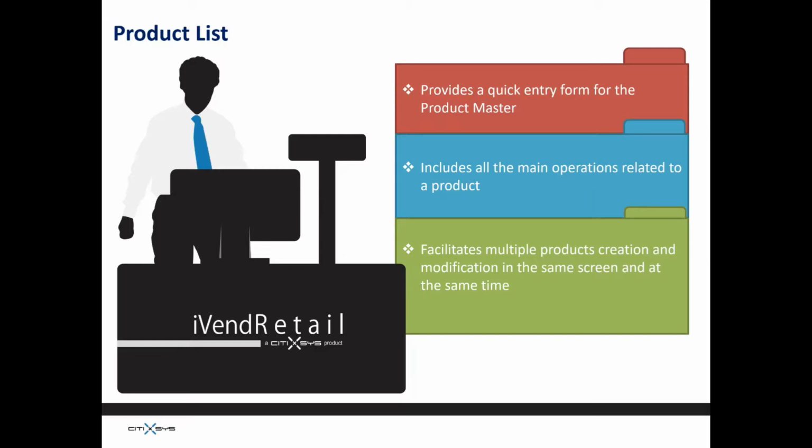It's a very convenient way that you can change different products in one shot, in one screen. You can basically do most of the operations that you can do in the product master using this function, and it will also facilitate the creation and modification of products all in one screen.